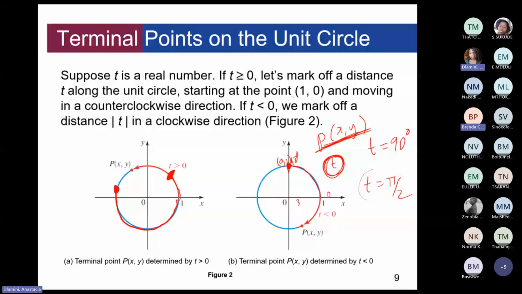If you measure the whole distance around here, that is the circumference. That's 360, right? Now, we know that the circumference of a circle is 2 pi r.